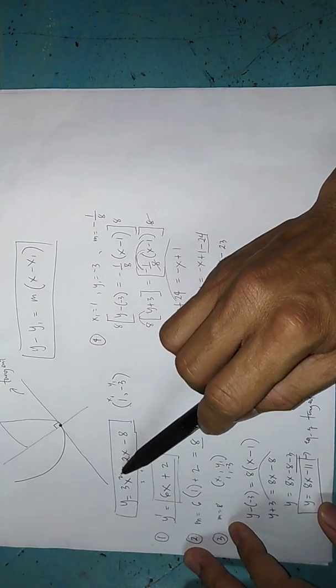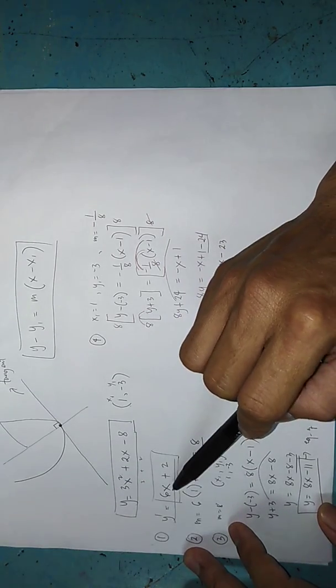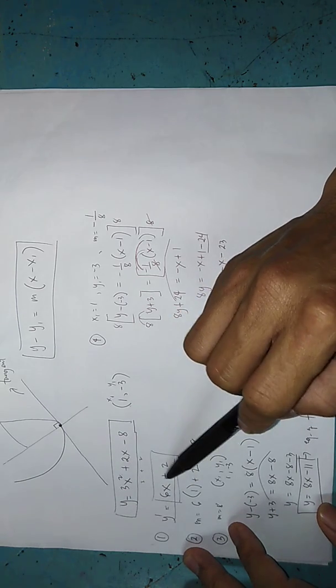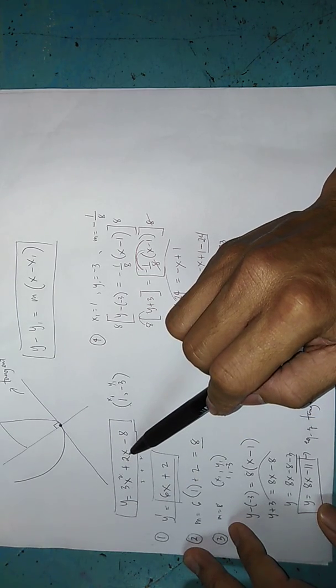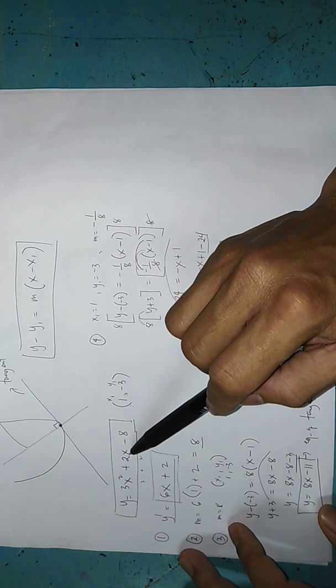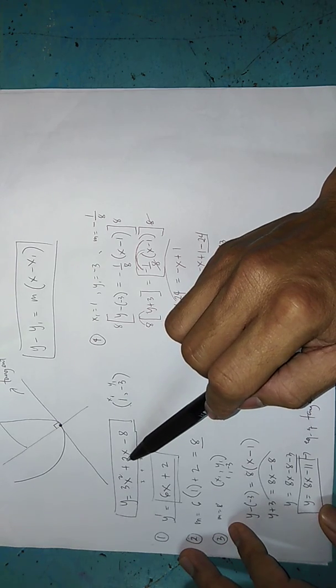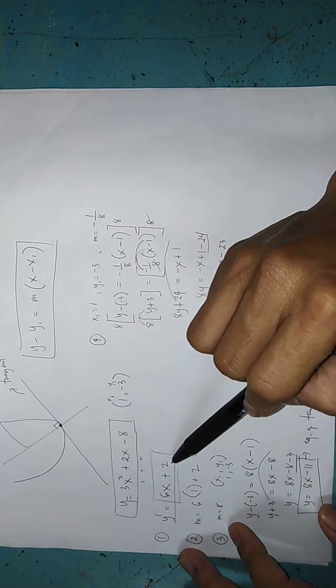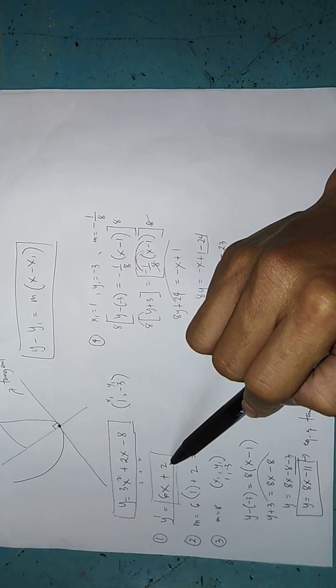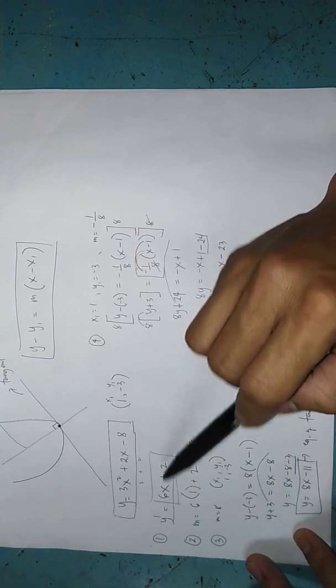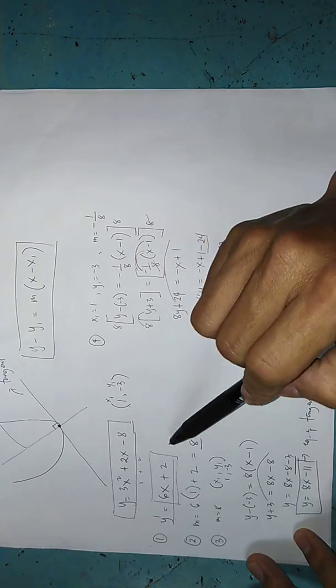Yung 2 doon, mababawasan ng 1 kay x raised to 1 or x lang. Next, plus, since x is an identity, ang derivative niyan ay 1 times 2, that is 2. Malinaw ba? Next. Wala na. Constant, kaya 0.